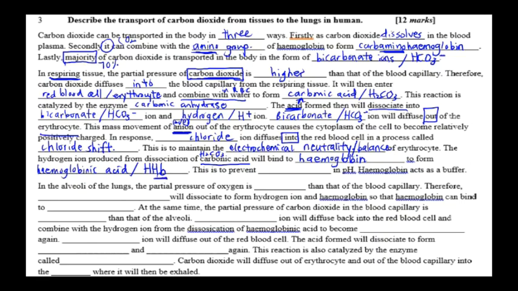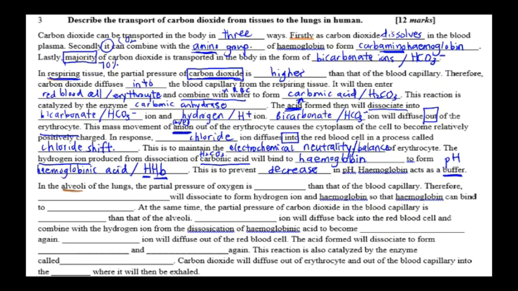Hb stands for hemoglobin, H stands for the hydrogen ions. And this is to prevent the decrease in pH in the red blood cell. So in this case, we say that hemoglobin acts as a buffer, a pH buffer. It is to neutralize the acidity of the red blood cell.